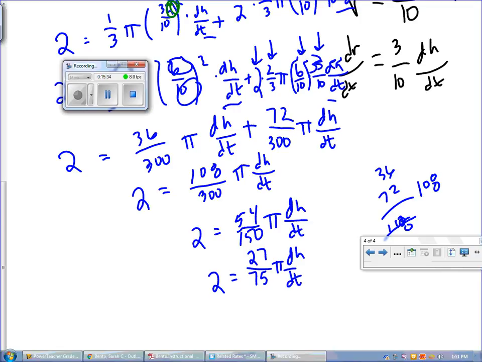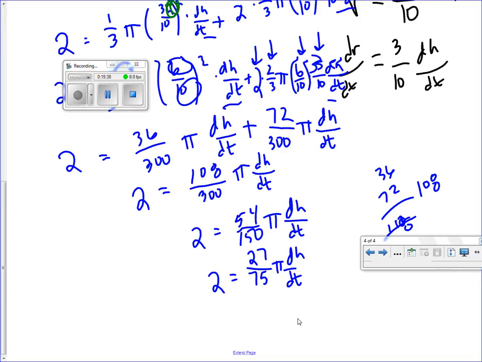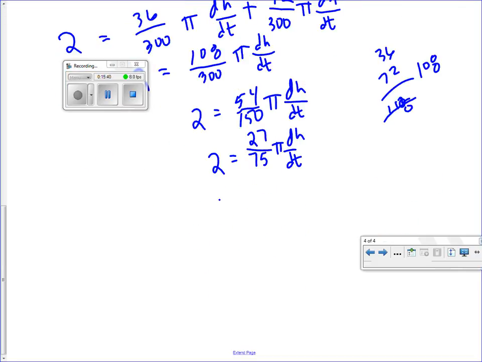And now I have 27 over 75. Neither of those is even, but they are both divisible by 3. You don't have to do this on the AP exam, but I'm just going to try to simplify these as much as possible. And then I get to 9 and 25. 9 is only divisible by 3, 25 is only divisible by 5, so that's totally simplified.